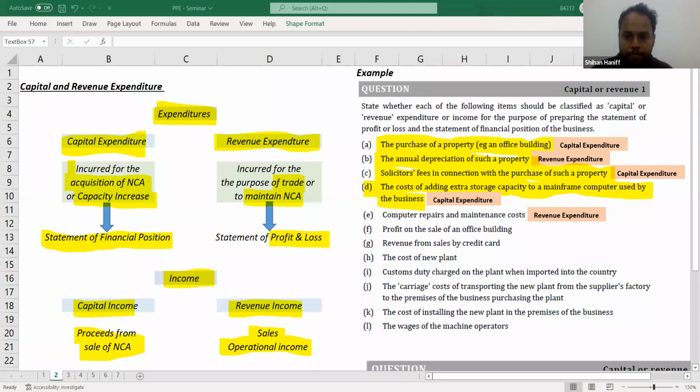Okay. So, profit on the sale of an office building. This is a capital income. Sale of an office building.